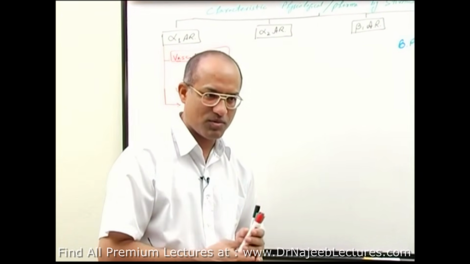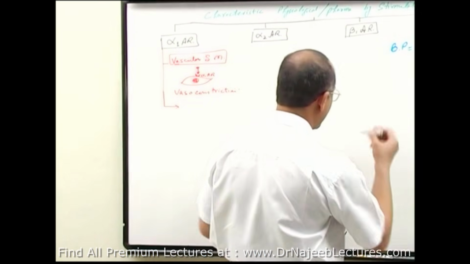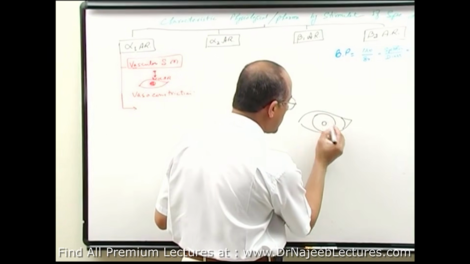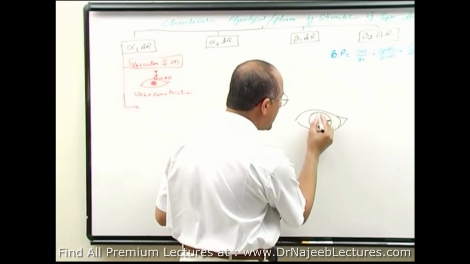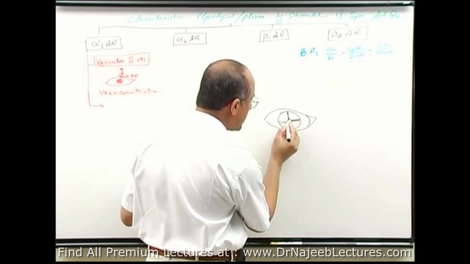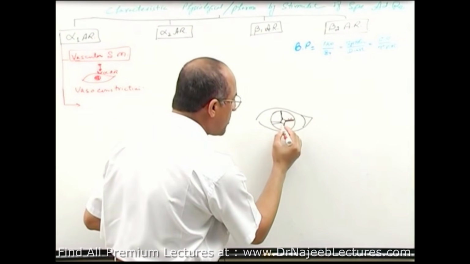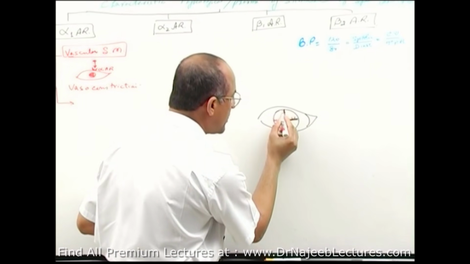Pupillary dilatation occurs. You forget. You remember there were some beautiful eyes like this, and this is your dilator pupillae. This is your dilator pupillae, and dilator pupillae have which receptors? Alpha 1 adrenergic receptors.